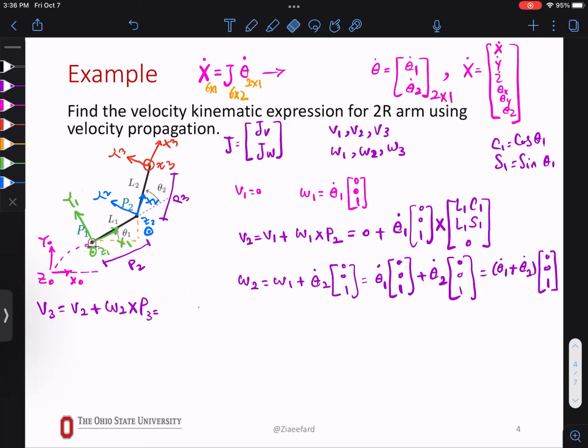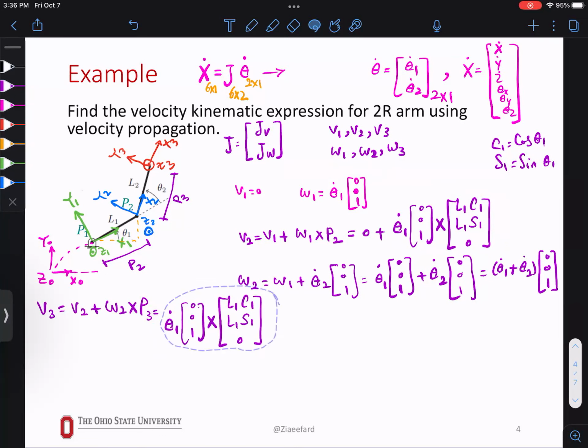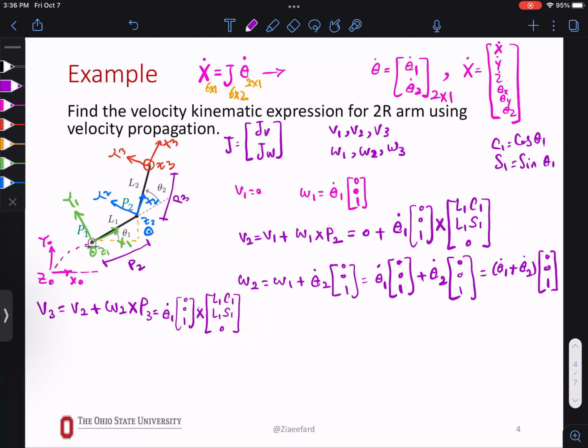I'm going to just copy from here, plus this omega 2, cross product of, now this distance.